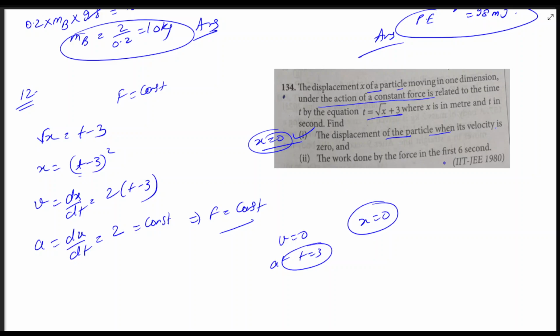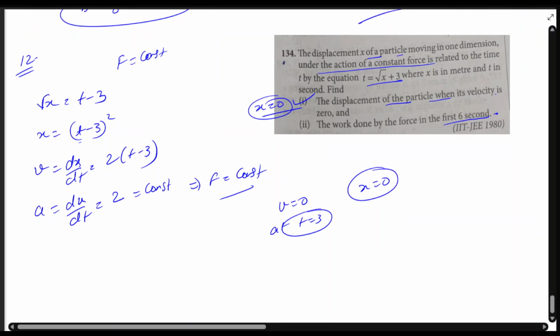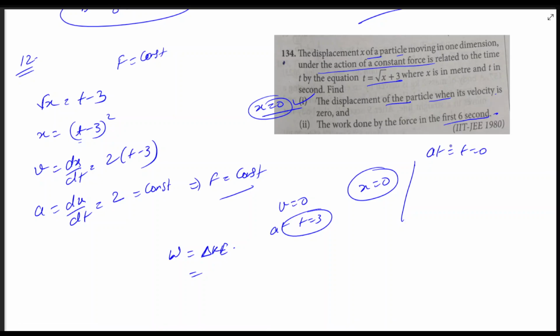The work done by the force in the first 6 seconds. Okay, work done by the force in the first 6 seconds. So there is only this force, so we can write work done by force is change in kinetic energy, right? So initially at t equal to 0, velocity is what? Velocity is minus 6 meter per second.